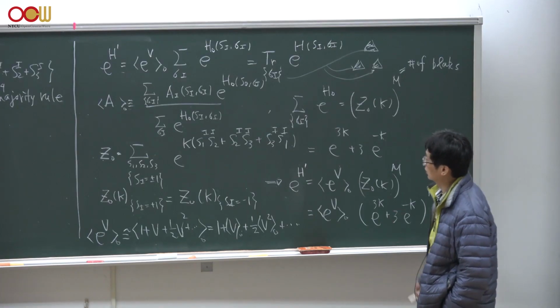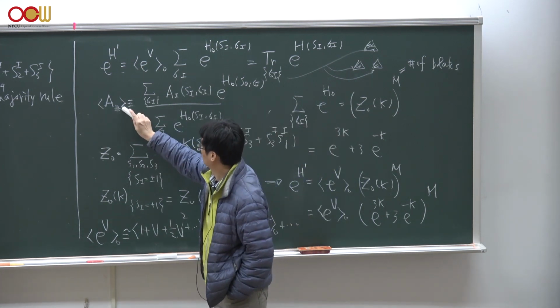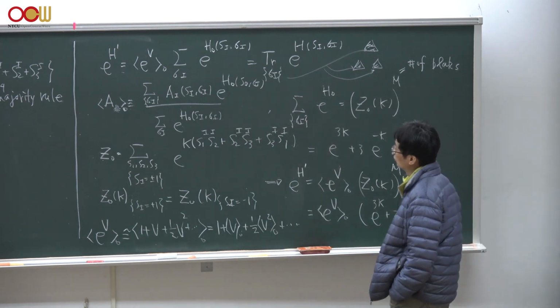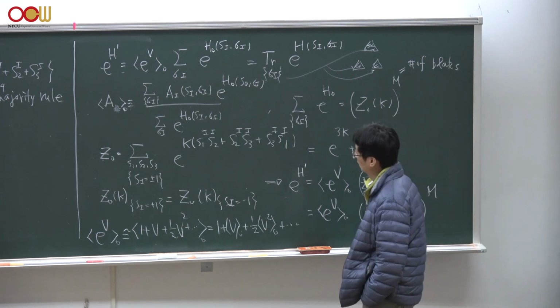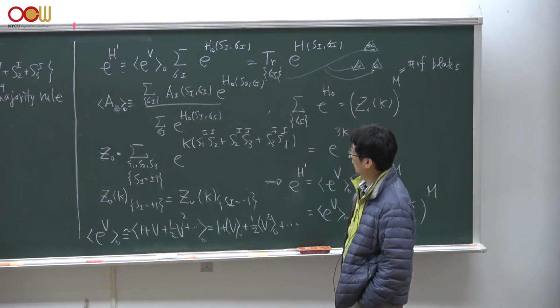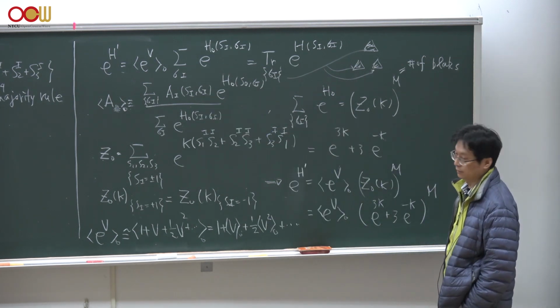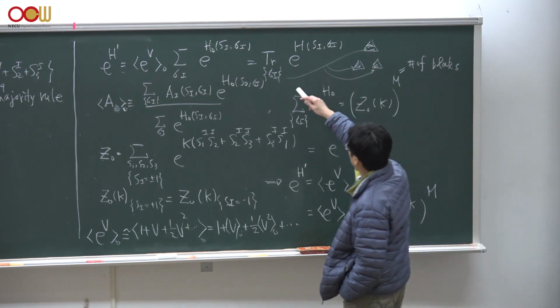By tracing over, we mean that we take the ensemble average of any quantity A by using this H0 as the zeroth order approximation of the Hamiltonian, and any observable such as a spin could be estimated by this method.